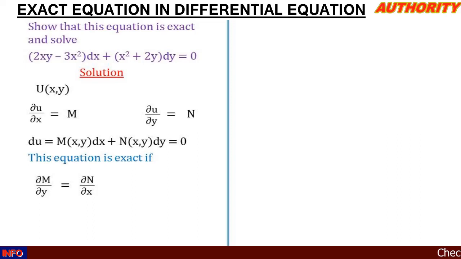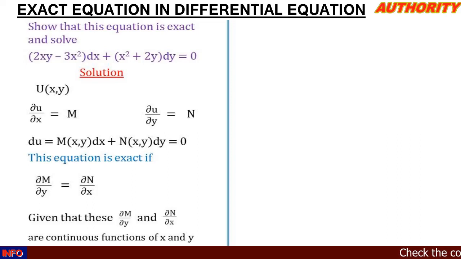Now, let me come again. When you differentiate M partially with respect to y, and it gives you the same as when you differentiate N partially with respect to x, we say that the equation where this M and N are coming from is an exact equation, provided that these partial derivatives of M with respect to y and of N with respect to x are continuous functions of x and y.